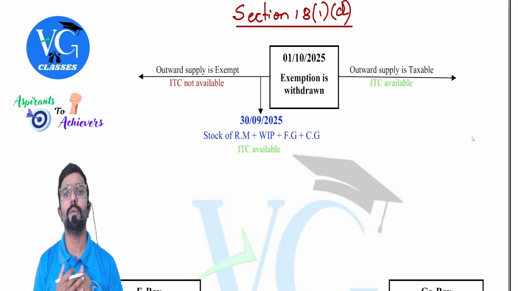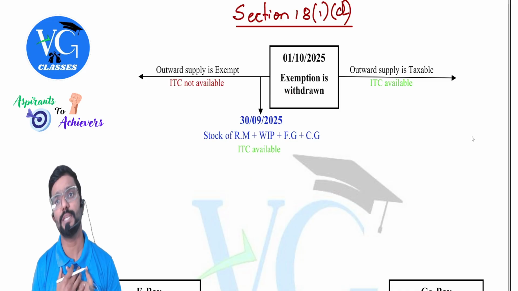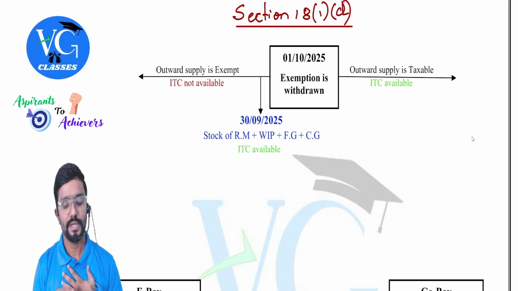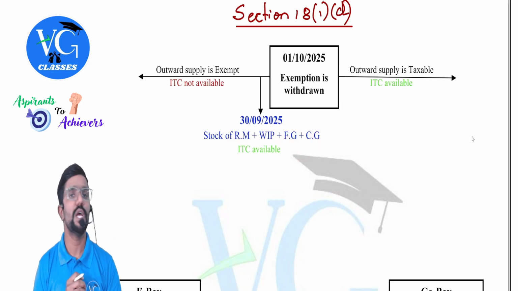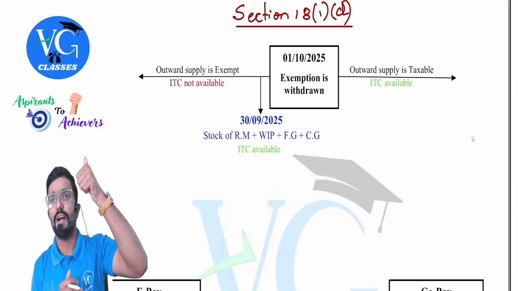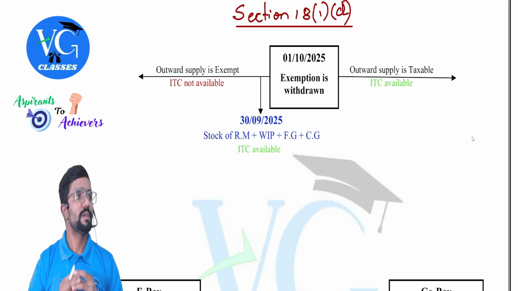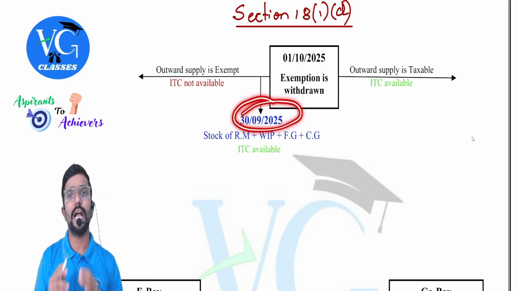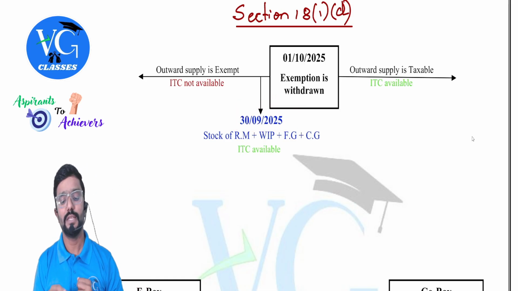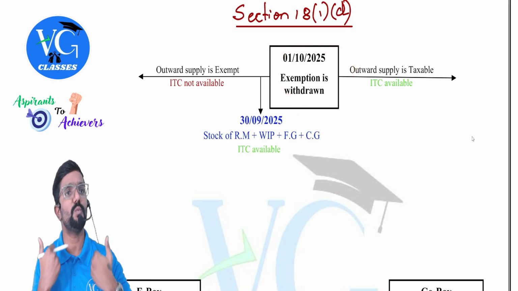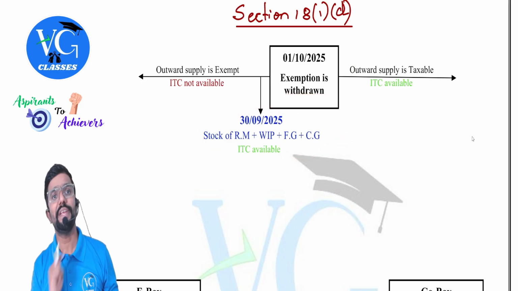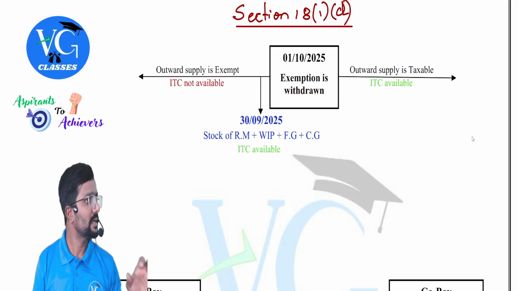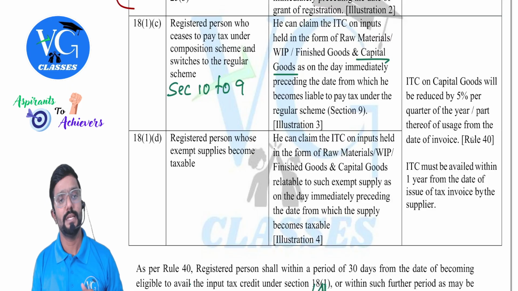On or after 1st October, my outward supply is taxable. So can I claim the credit on all this? Yes, credit is available. Even on whatever stock I have on the preceding day, the date on which my exemption is withdrawn, I can claim the credit, including capital goods.